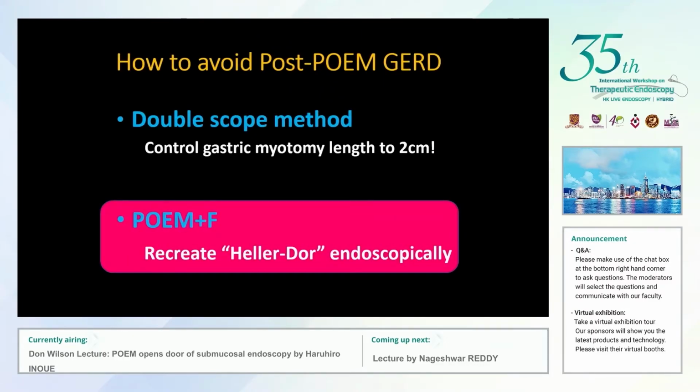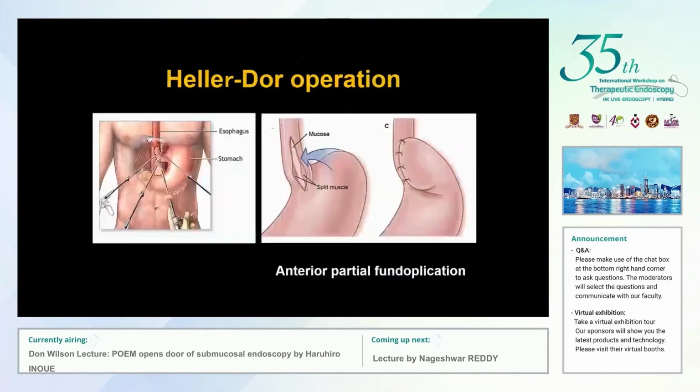So how to avoid post-POEM GERD? One technique is the double scope method to control the gastric myotomy length to less than 2 centimeters. But once the patient develops severe reflux disease after the POEM procedure, we can do endoscopic Dor fundoplication. We call it endoscopic fundoplication.